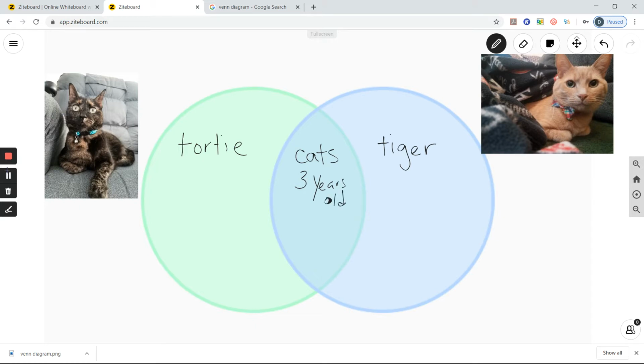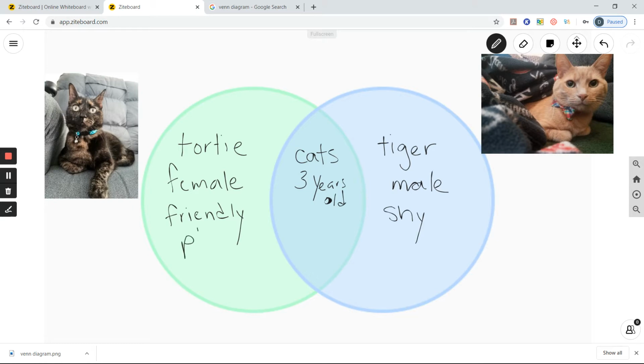Some more ways that Daisy and Diesel are different. Daisy is a female cat, but Diesel is a male cat. They act differently too. Daisy is very friendly to new people, but Diesel is shy and he likes to hide.